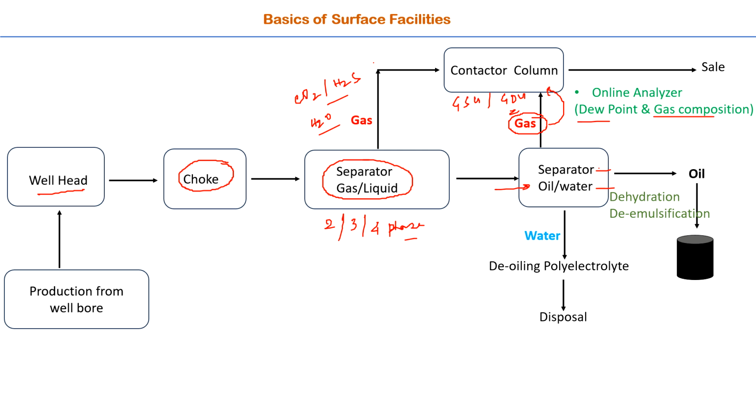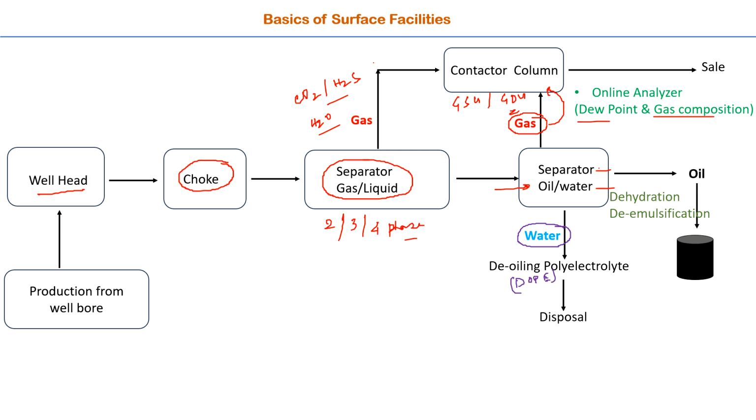So this water we can dispose of only after treating it with de-oiling polyelectrolyte. This is a very important chemical widely used in the oil industry, because this water contains some amount of oil, so we cannot dispose of this water without treatment, otherwise it will affect the aquifer zone.